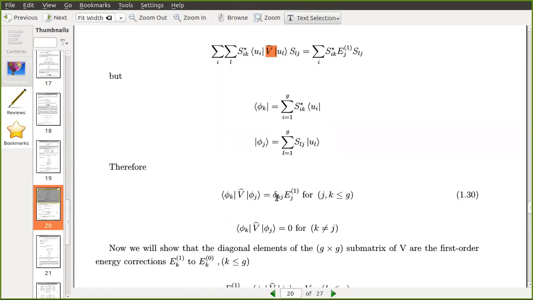Now whenever K is not equal to J, this Kronecker delta becomes 0. When K is not equal to J, this delta Kj becomes 0.